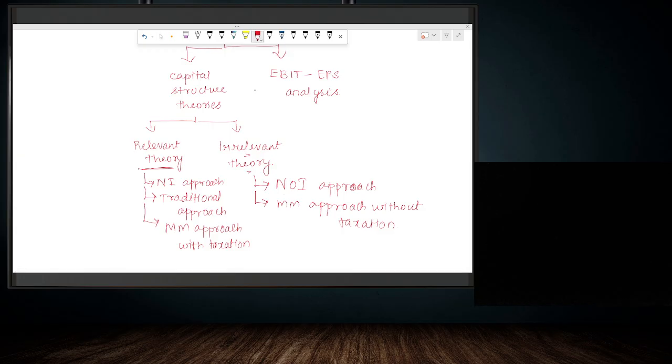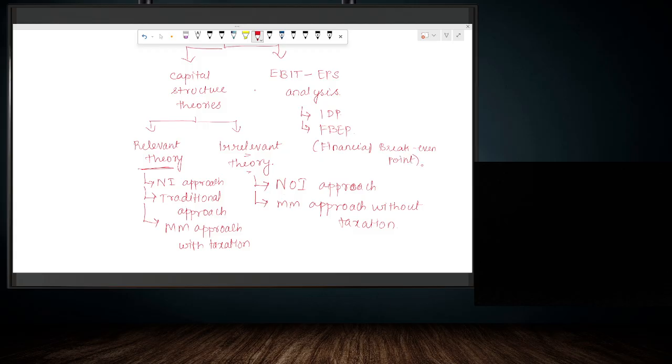But before that, in EBIT EPS analysis we are going to discuss something called indifference point. IDP is nothing but indifference point. Just write it down. And then we have something called FBEP, which is financial break-even point.